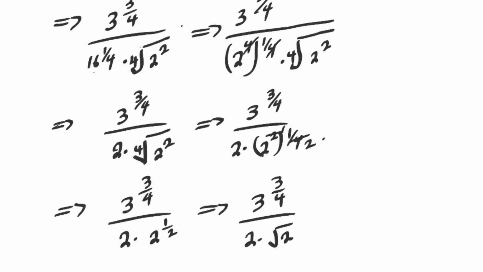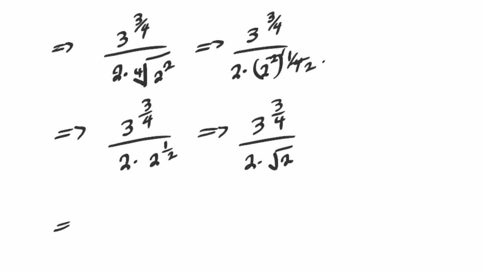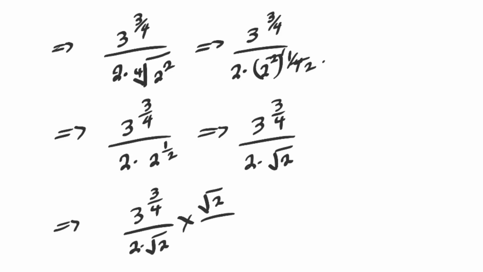Then if you rationalize this, this is 3 raised to the power 3/4 over 2 multiplied by the square root of 2, multiplied by the square root of 2 over the square root of 2.